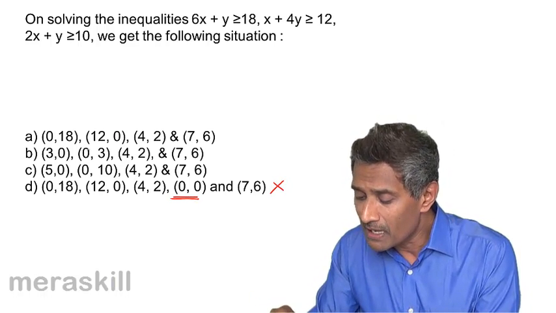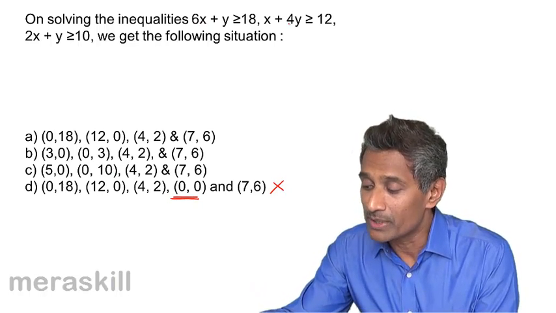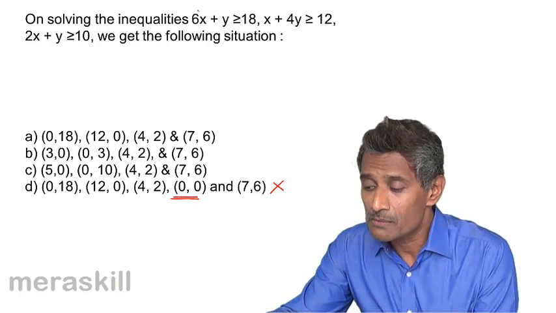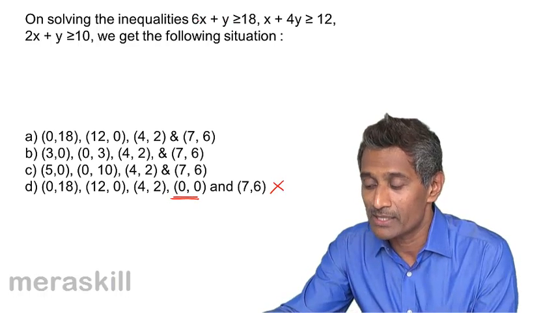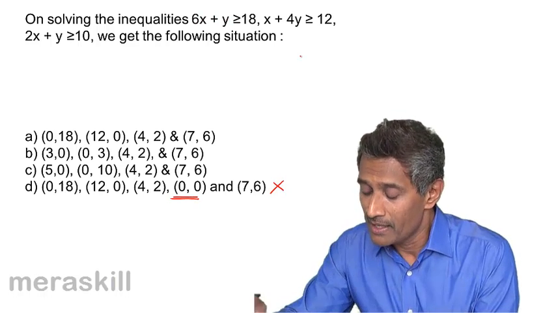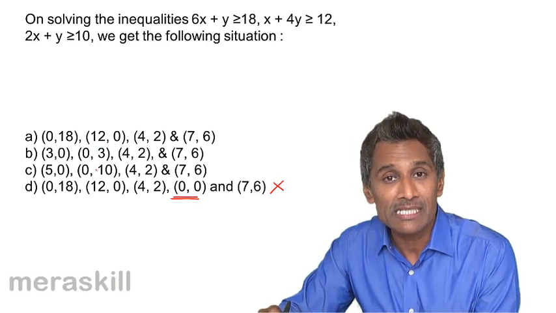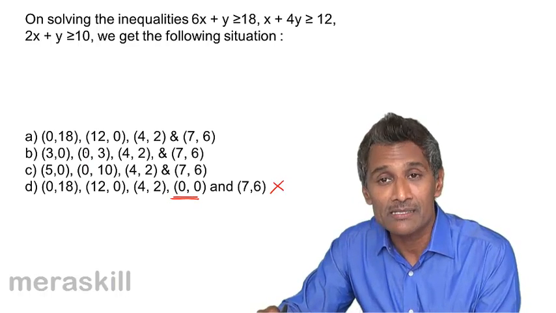Then let's check the other values. Also take a hint from the inequations. Two of the inequations, or even if one of them, has a bigger coefficient for x, 6, and here it is y. So it is 6x plus y. If you look at a couple of these examples like B and C, they have at least one value where x is 0.